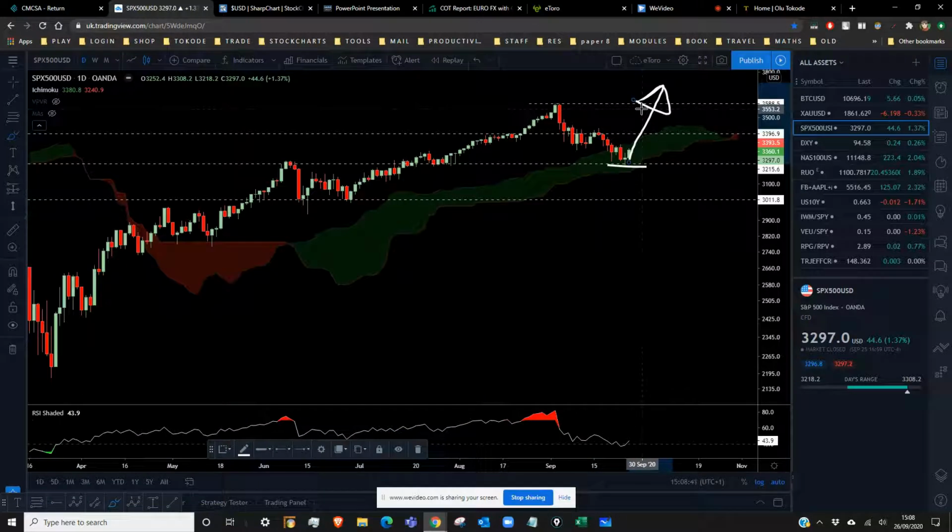So what I want to do this week is find stocks that have not had their RSI fall below 40 for the past 3 months. 3 months is 90 days, 4 months. So in an uptrend, RSI should not fall below 40.